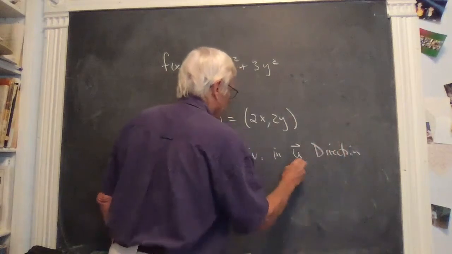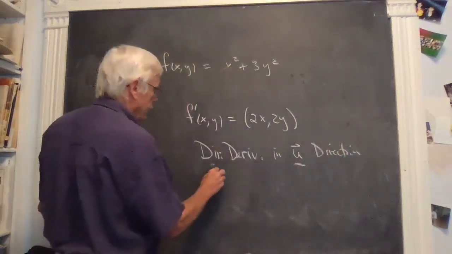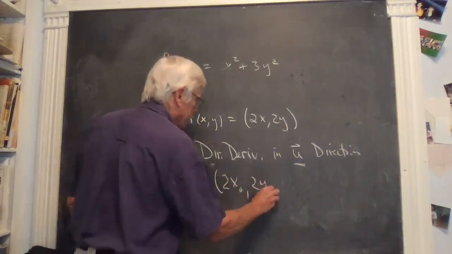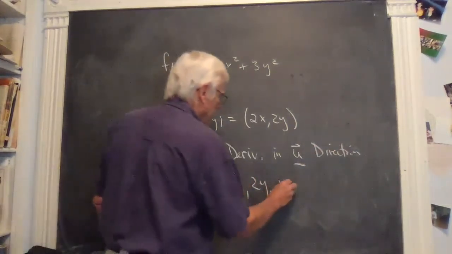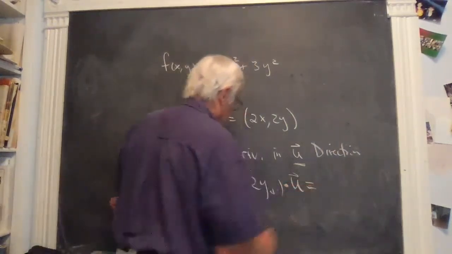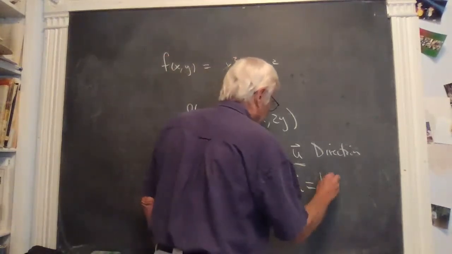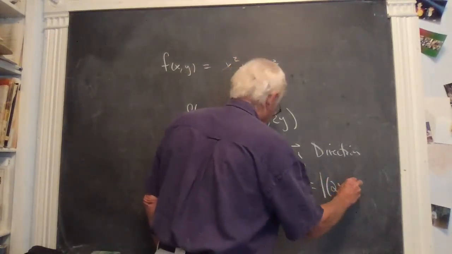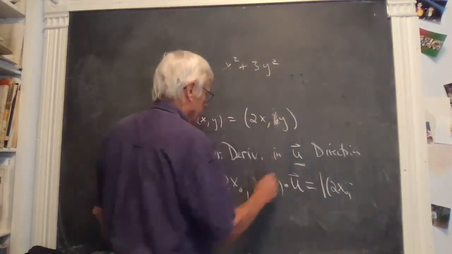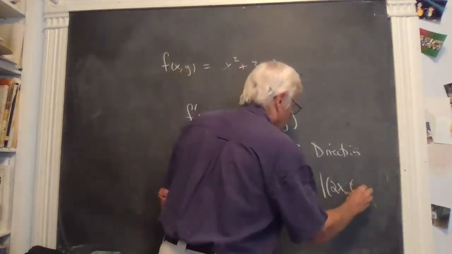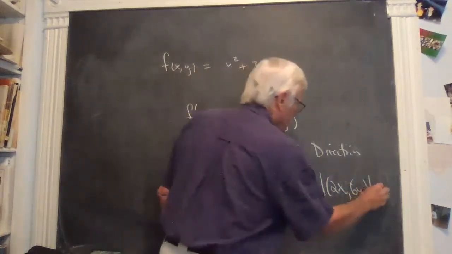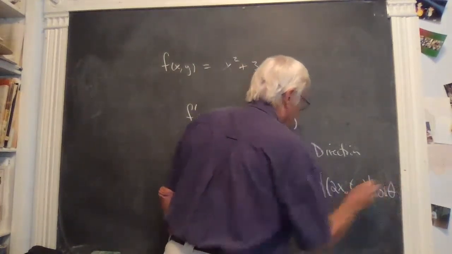So u is a unit vector. This would be the directional derivative 2x naught, 6y naught at the point x naught, y naught, dot u. And this is the length of the vector, 2x naught, 6y naught, times the length of u, which is 1, times the cosine of the angle between them.